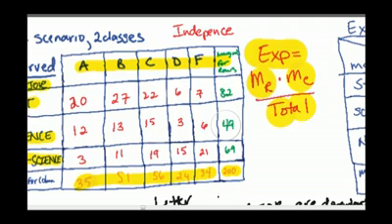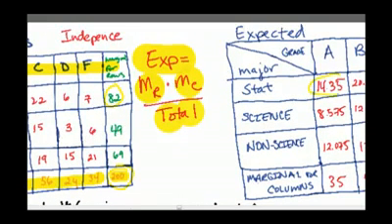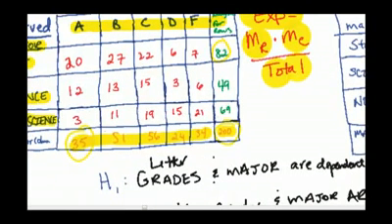So let's say I was trying to find the expected value for the first spot. I would take this marginal value times this marginal value divided by that marginal value, and that would give me this 14.35. So again, marginal times marginal divided by total.